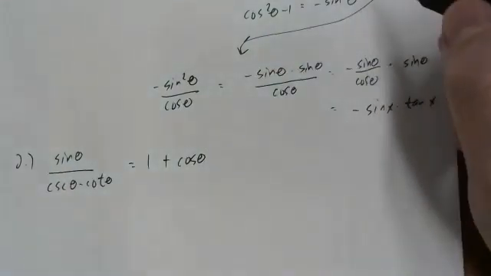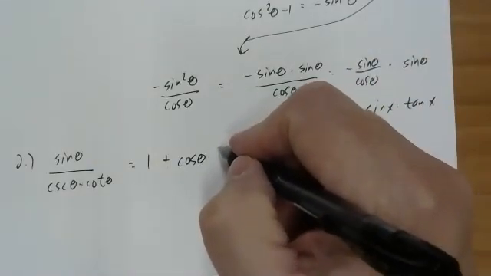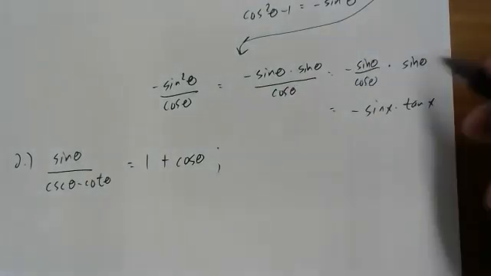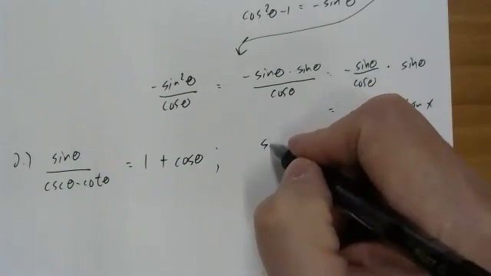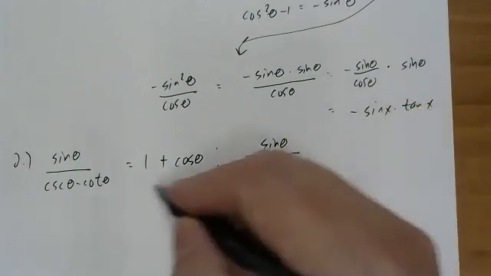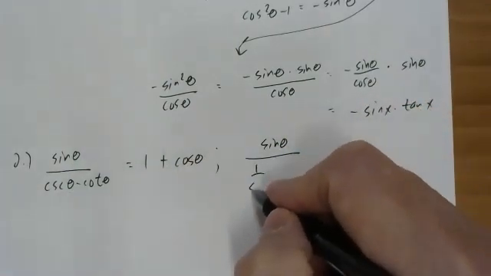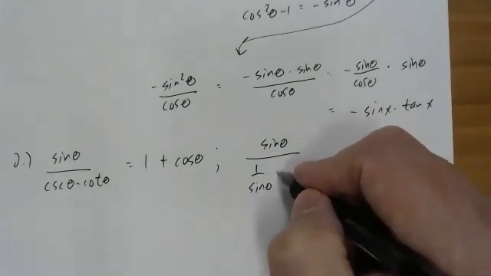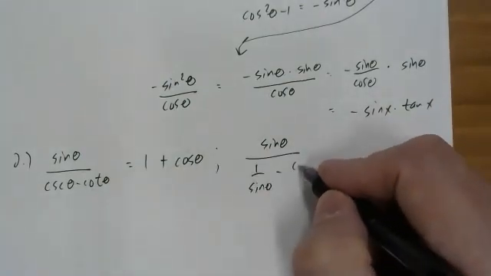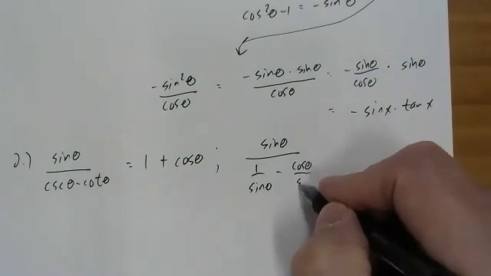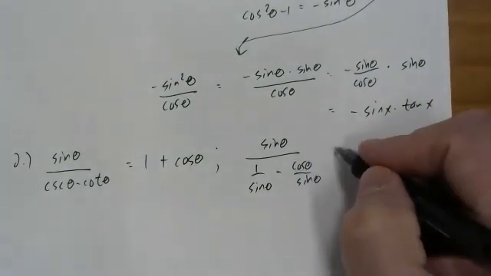I'm going to work with the left-hand side once again. Let's convert everything to sine and cosine. Cosecant is 1 over the sine of theta. Cotangent is cosine theta over sine of theta.